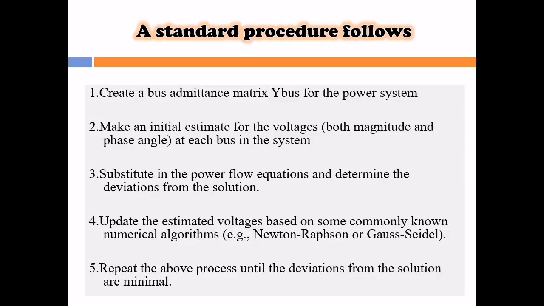If the deviation is within the specified range, say the error can be 0.001, once you reach that value we can stop the iteration. If you want an exact 100% solution, the error must be 0. Normally we need not go up to that 100% accuracy, so we specify that the error can be 0.001, 0.0001, some value. If that is reached, we can conclude that the system has converged.